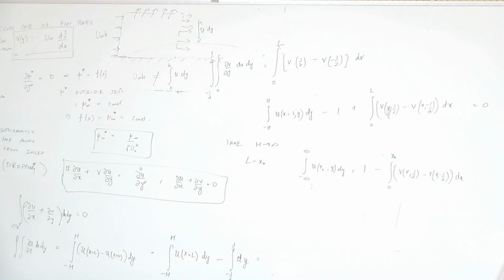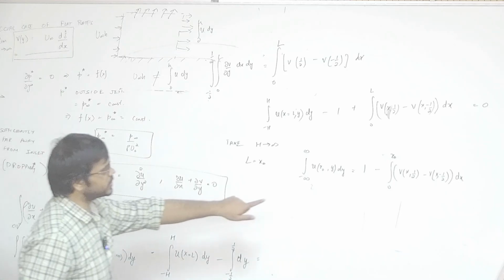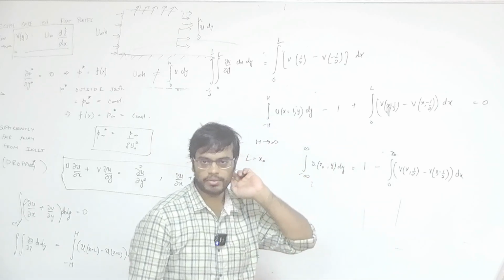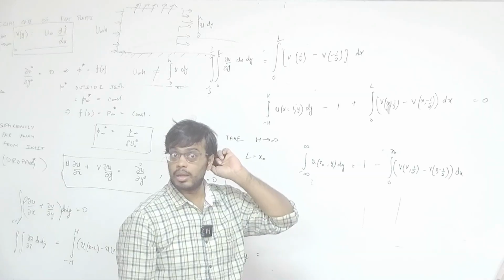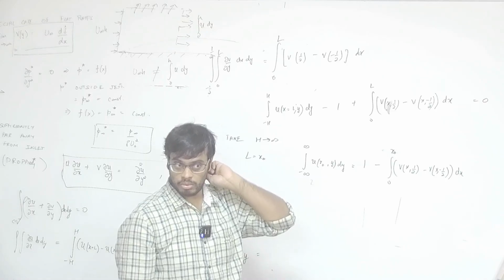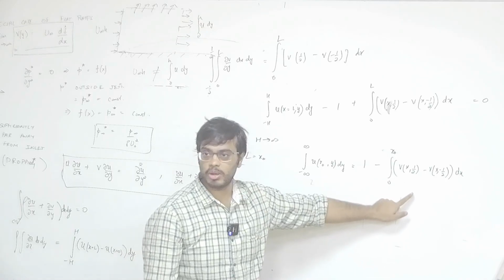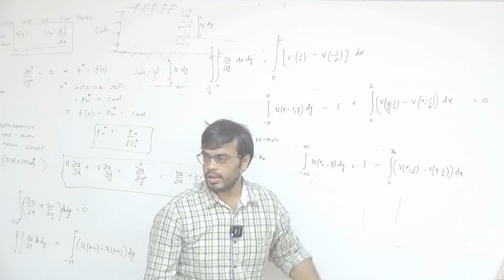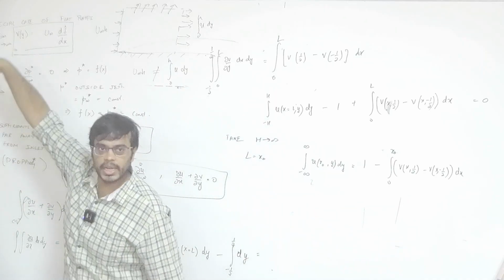If the flow is symmetric, what can you say about v of x comma half and v of x comma minus half? What is the relation between these two? Minus of it. Whatever you have for v here, you have the negative of v there.